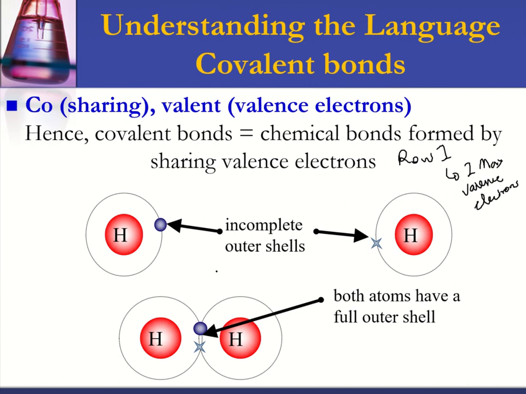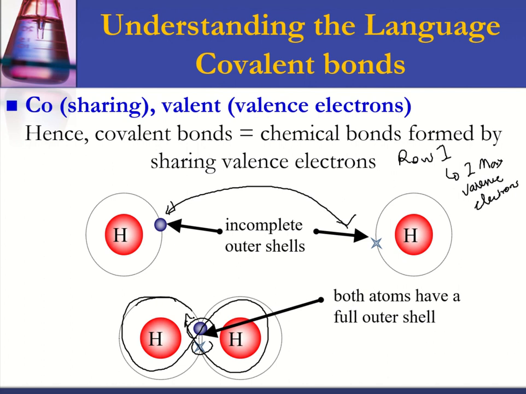Okay, so what the two hydrogens do is they form a bond by sharing their valence electrons. You can see here in the outer shell of the two hydrogens, the electrons are essentially looping on both sides of the valence shell. So they're being shared between the two. If you compare that to ionic compounds, where they just give it to one side and take nothing from it, you can see there is a major difference.